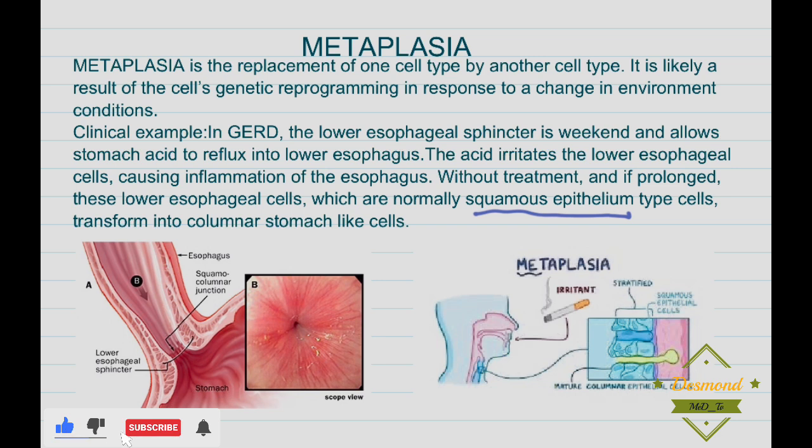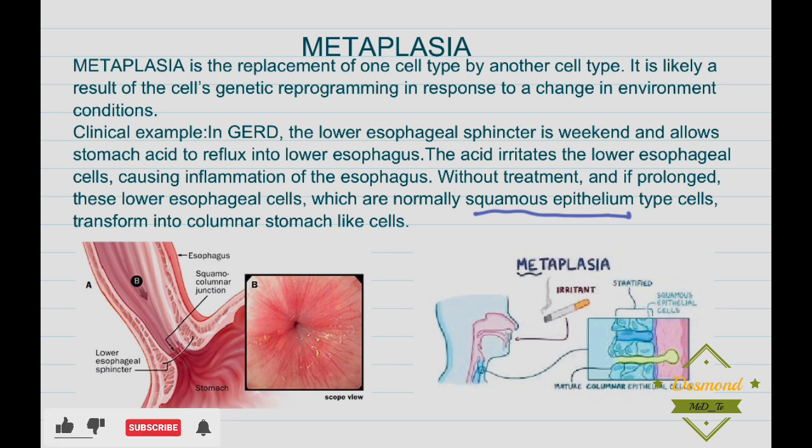Now, when the esophageal sphincter starts to get weak, there's acid, that's the stomach acid, that starts to reflux into the lower esophagus. This acid starts to irritate the lower esophageal cells, causing inflammation of the esophagus.